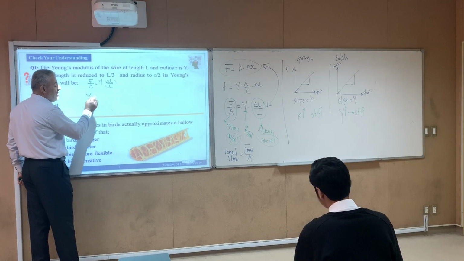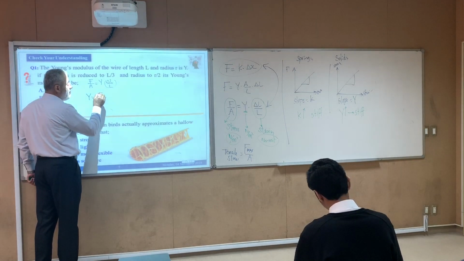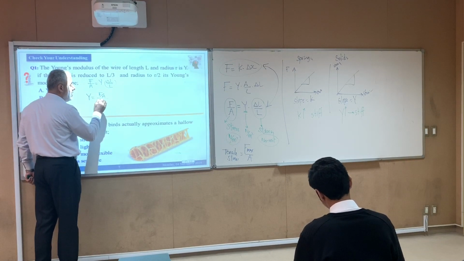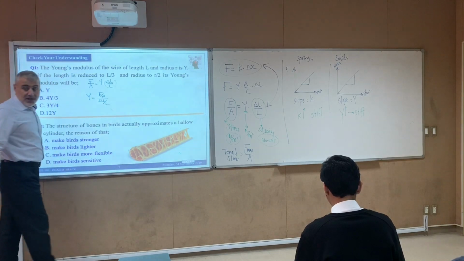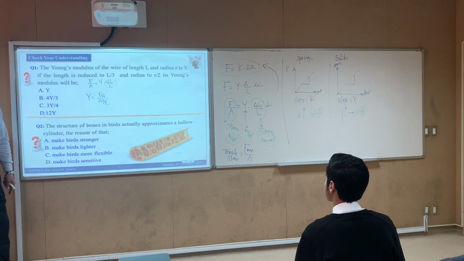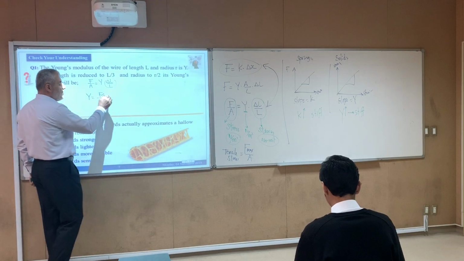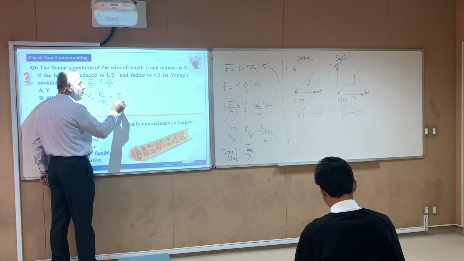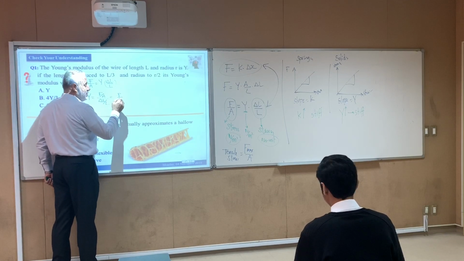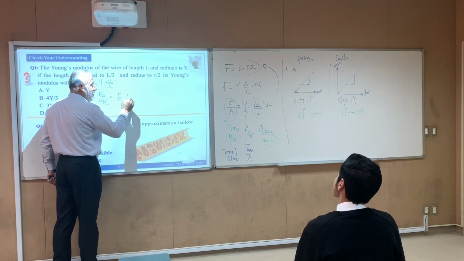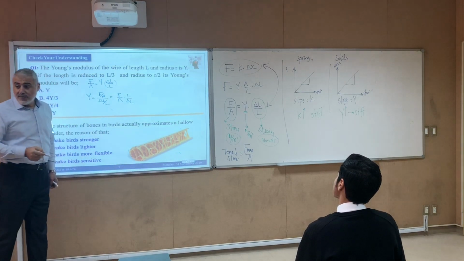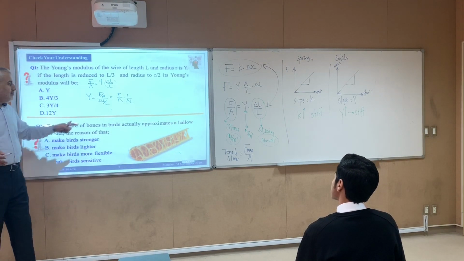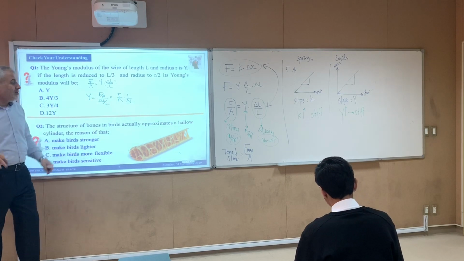Y will be F over A over delta L over L. We arrange this: F over A, put this down and this up, so L over delta L. Is it clear? You know the rule of the numerator and denominator.